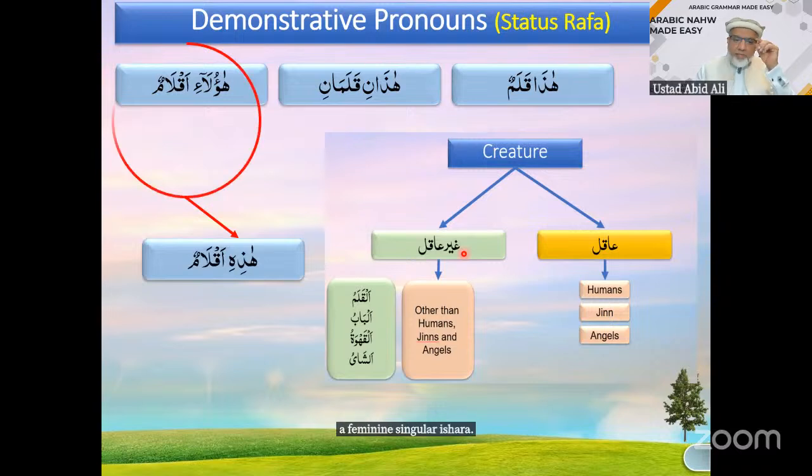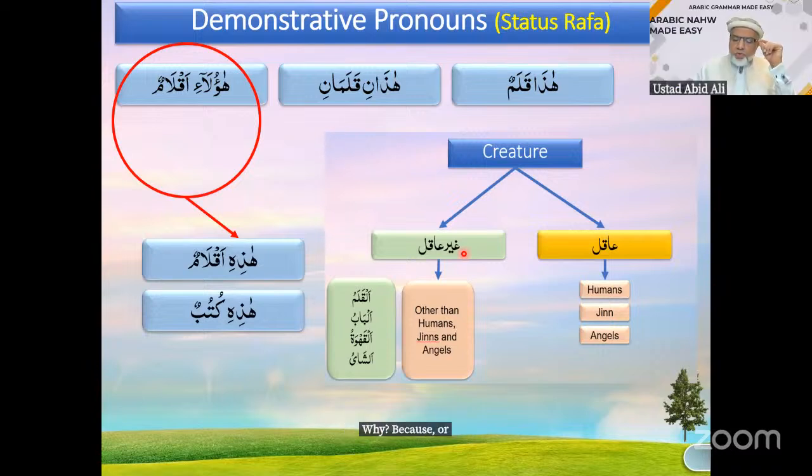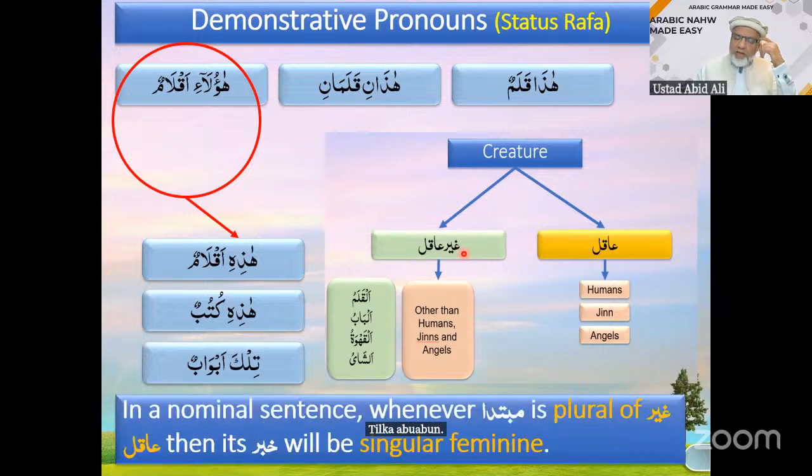So it will become hadhihi aklamun, or hadhihi kutubun, tilka abwabun. Why? In a nominal sentence, whenever the mubtada is a plural of ghair aqil, then its khabar will be singular feminine. What is singular feminine for Ismul Ishara?